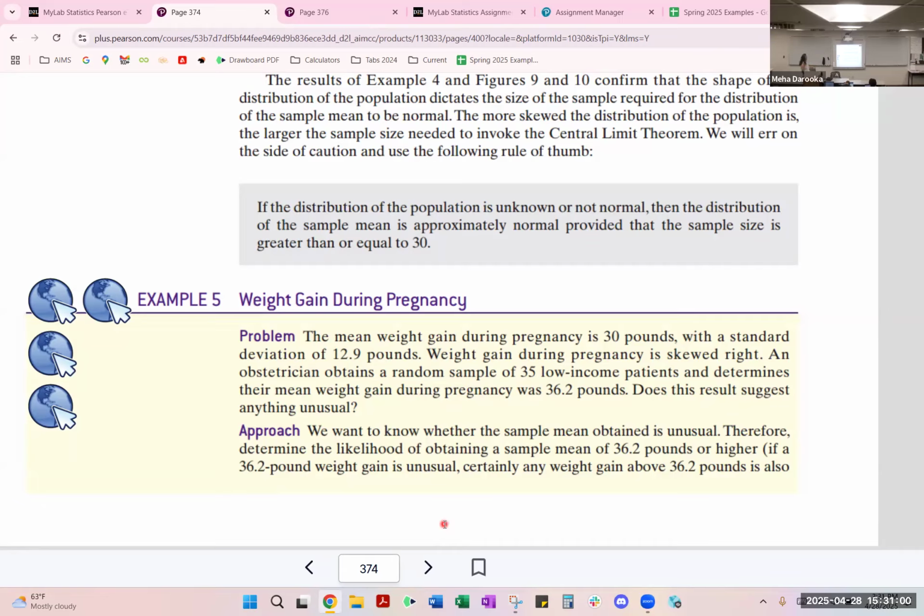Does this result suggest anything unusual? Of course, we're trying to understand the likelihood of obtaining a sample mean of 36 pounds or maybe even higher, because we're talking about unusual weight gain here.